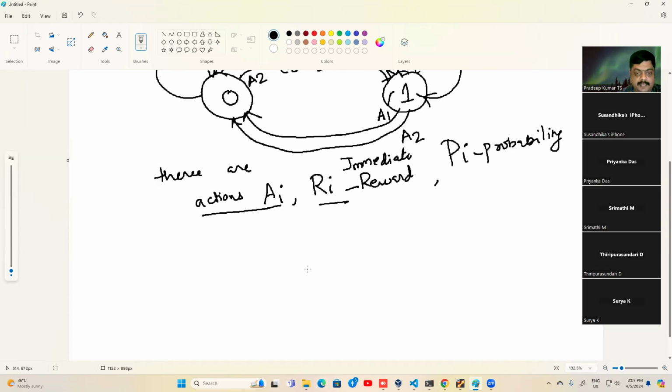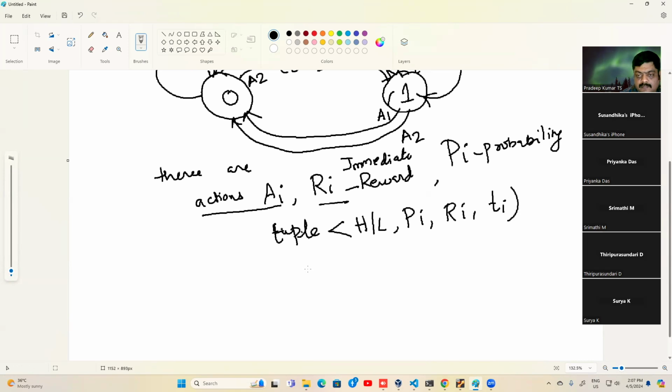Now I'll take one tuple, with Pa, Ri, and Ta, since I just want to have a tuple.